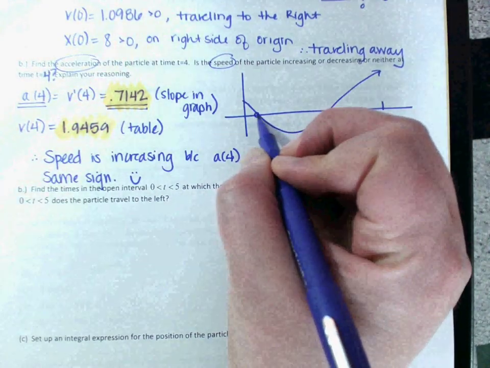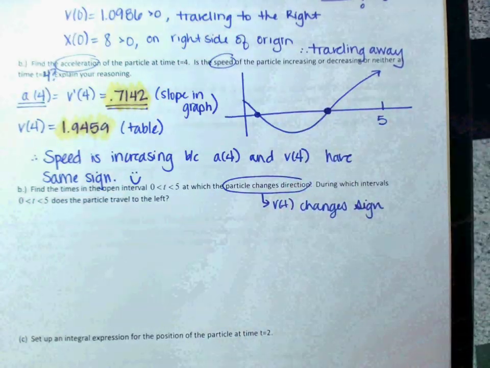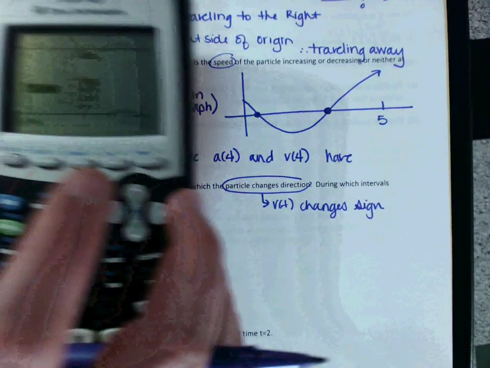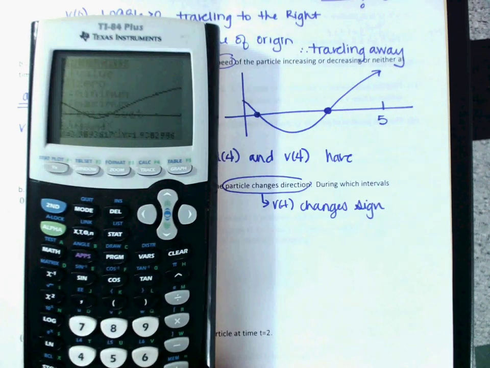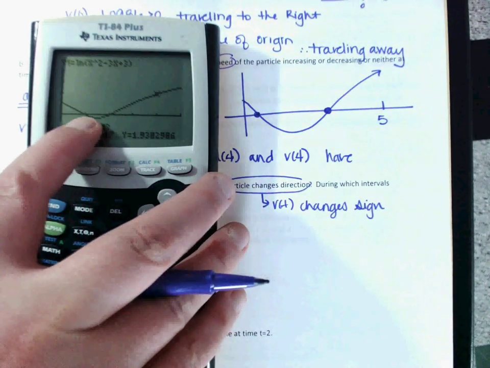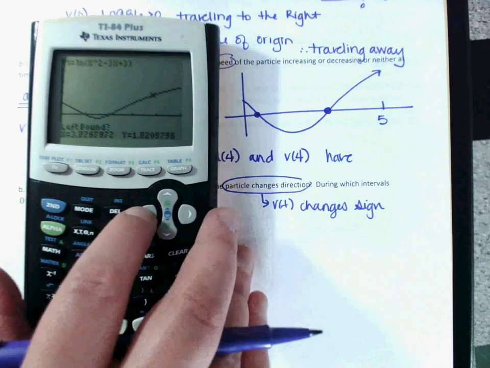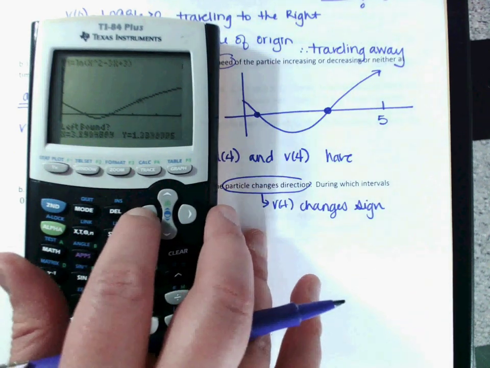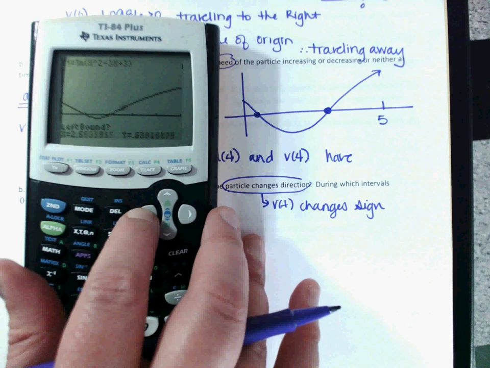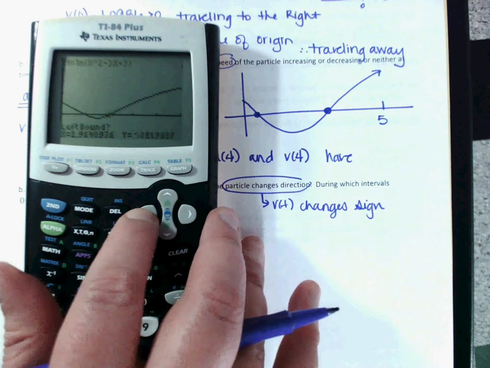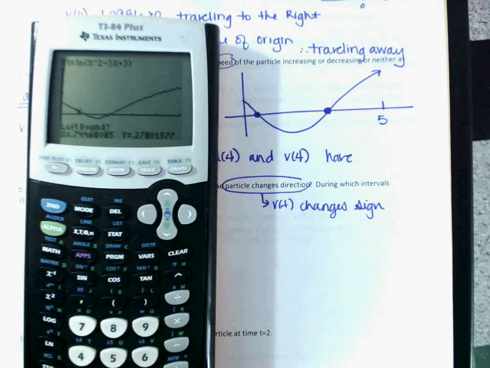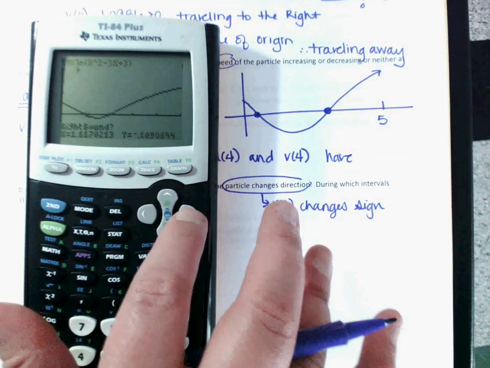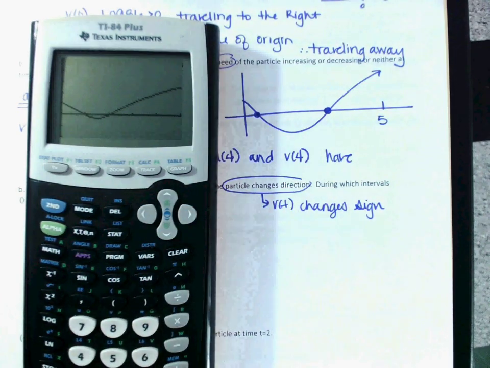That means specifically I'm finding these two points right here. So, second trace, I'm going to find the 0. This one looks like it happens right around 1. Remember that you can just guess numbers around 1, or you can move your little cursor, which is what I'm going to do. I'll go on the left side here, then get below it on the other side.